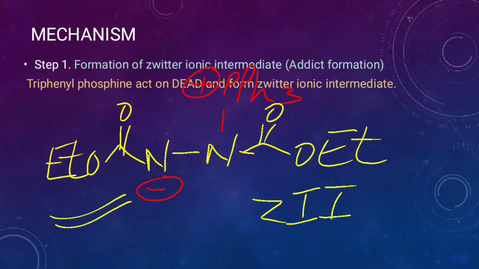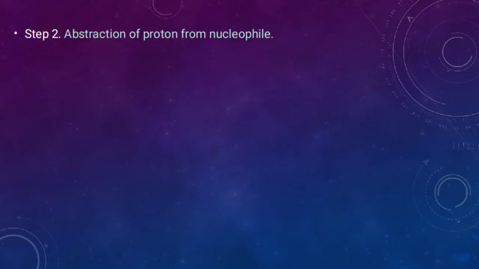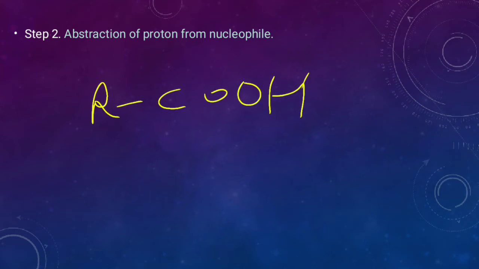Now forwarding to the second step. The second step is abstraction of a proton from the nucleophile. In this reaction, we are taking a nucleophile, generally any acid. So you all know an acid contains an acidic hydrogen, which is easily abstractable by any electron rich species.